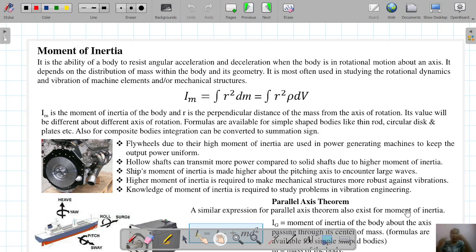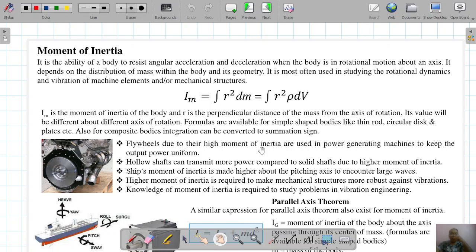If you have composite bodies, instead of the integral sign, you can use a summation sign. This is very simple. And if the body is not composite, it is any shape, we can use an integral sign and perform the integration with respect to specific limits as defined along the x and y axes.